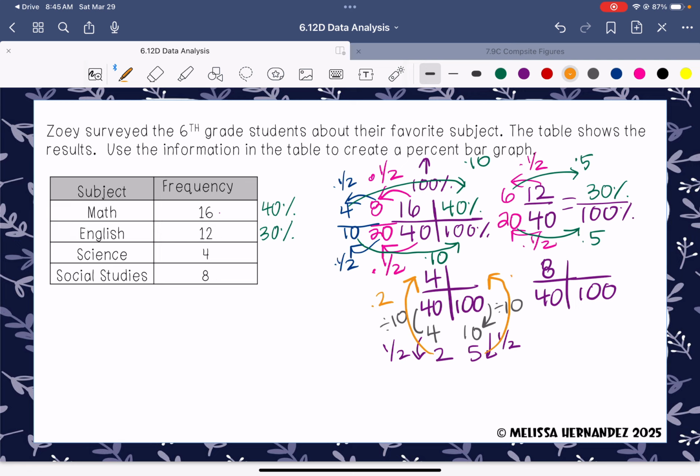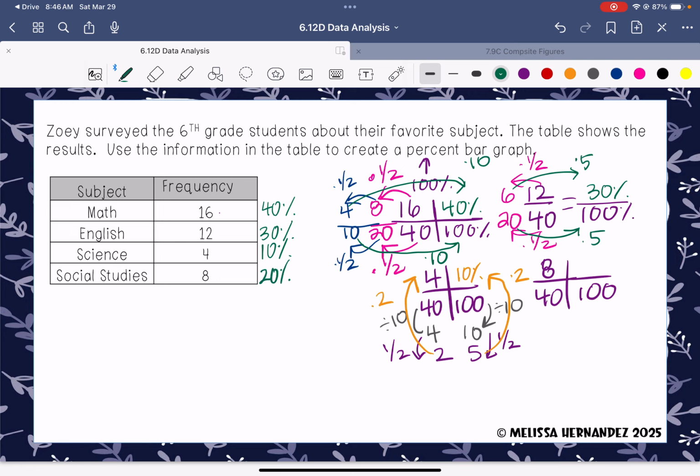Scale 5 by 2, which is just ratio tables in essence. And if you can get in really good with ratio tables, you're good to go. So 5 times 2 is 10. So this actually is 10%. Okay. And since I know 4 is 10%, well then social studies is double that, which is 20%.